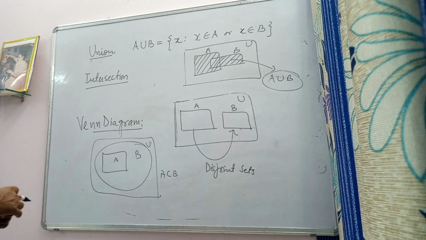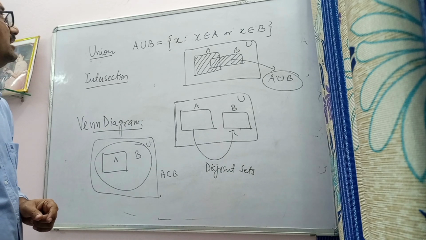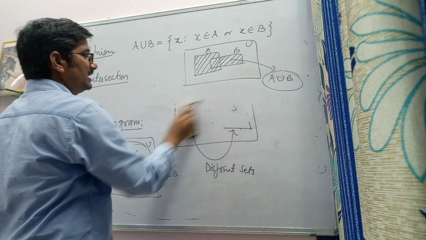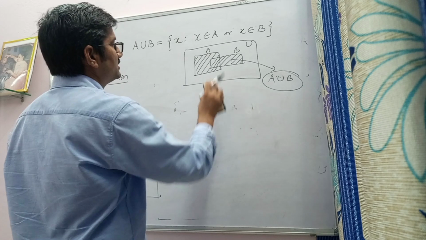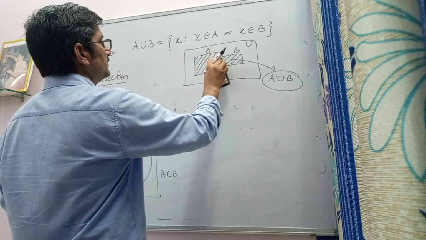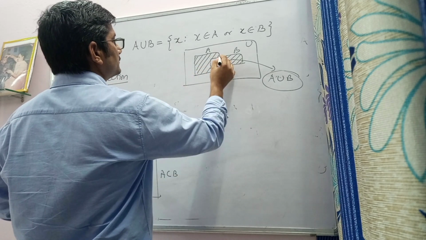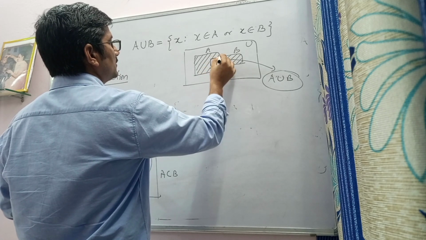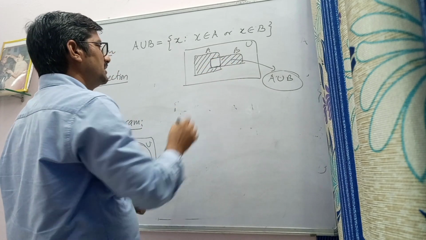So logically, if you want to work out how many elements are in A union B, there are three portions.